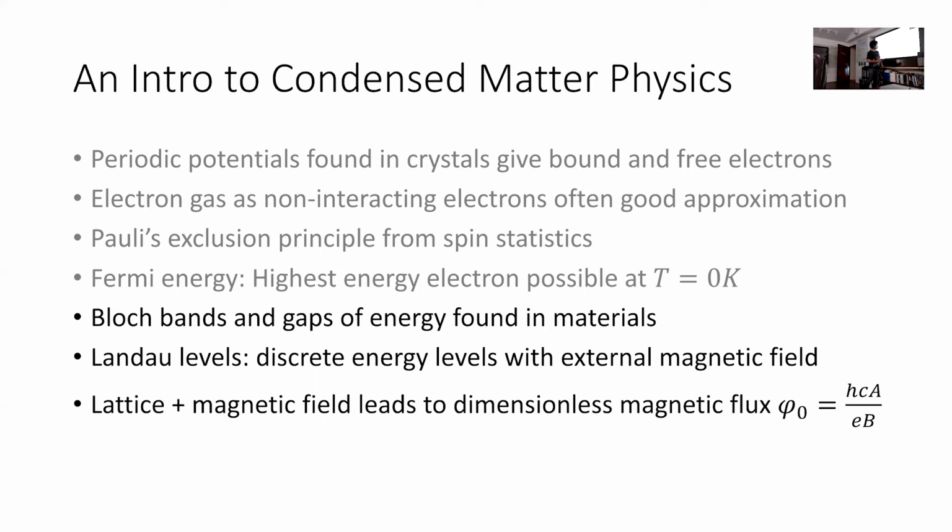This is probably a little sloppy in the sense that phi naught would be the flux quantum: you'd use hc over e, and then use B and A to get the magnetic flux, and then combine those two to get a dimensionless ratio. Sorry, I was a little sloppy there.